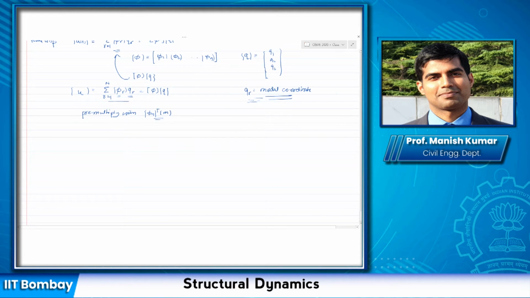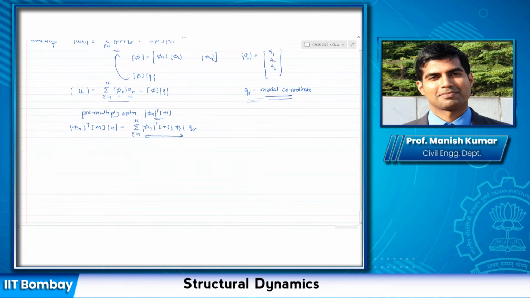So what do I get here? Phi_n transpose times mass times u equal to the summation r 1 to n of phi_n transpose times mass times the mode shape vector phi_r times q_r. Now, on the right hand side, what do you see?